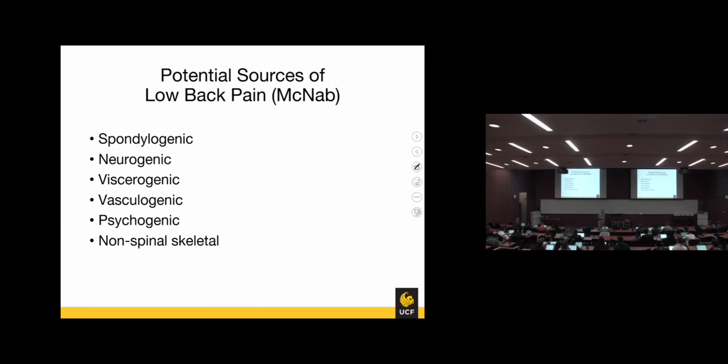Can it be vascular? Yes. AAA can give you back pain before it makes itself evident in other ways. Psychogenic, I'm sure you've all heard of people that get psychogenic things. And then there's the non-spinal skeletal problems. So some people can have hip arthritis that they experience as more buttock and back than they do in the groin, for example. So you can have a non-spinal skeletal problem.